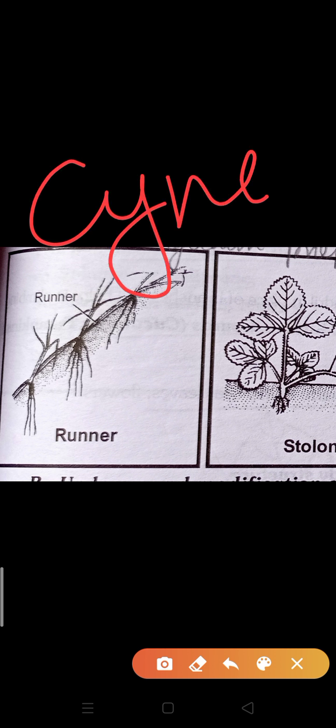Those who have doob ghas at home, you can observe this thing. This is a runner type of stem, basically found in Cynodon. Cynodon is the name of doob ghas. You can observe that roots develop from the lower side and leaves develop from the upper side.